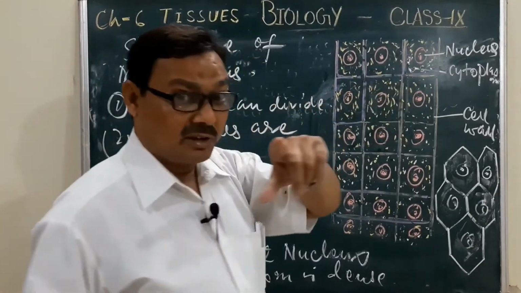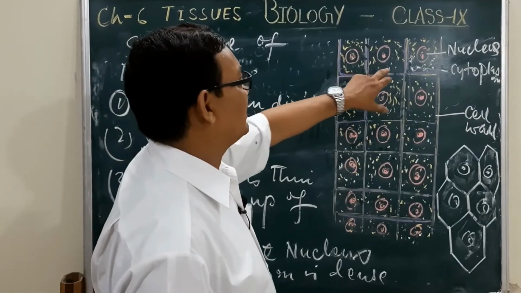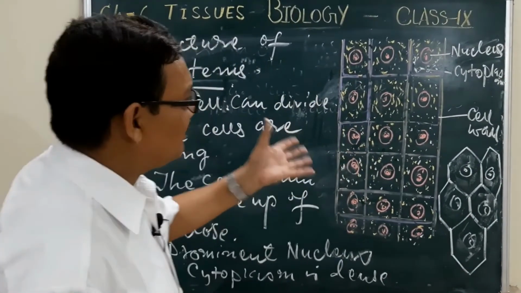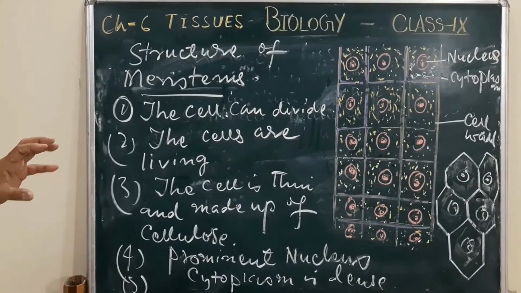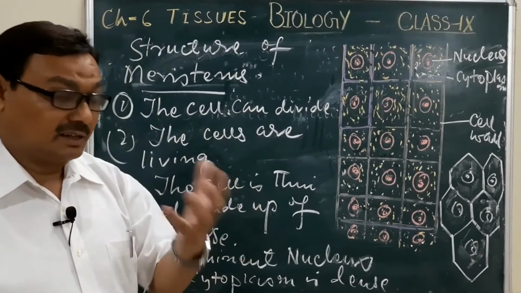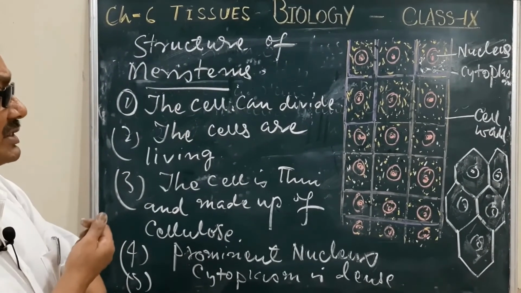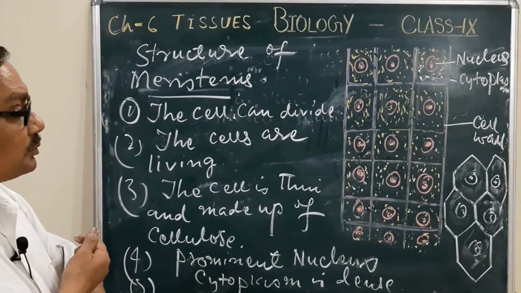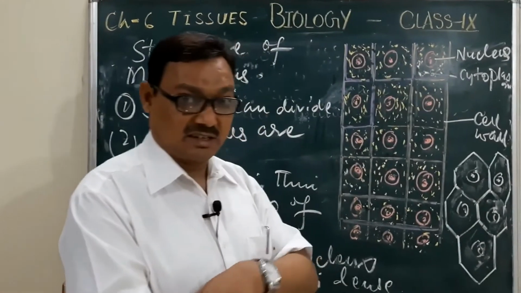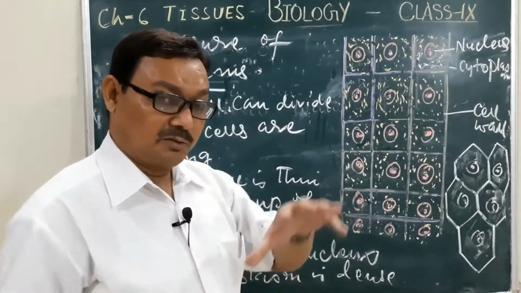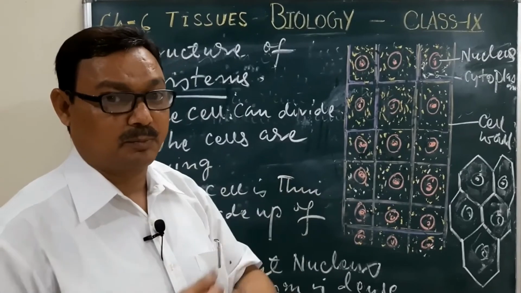But maybe now I would like to clear that question, that why there is no vacuole. Actually, what is the function of vacuole? Vacuole is present prominently in the plant cell. Large vacuoles are present, and those vacuoles have the capability to store the food materials. And within the vacuole, there is cell sap present.